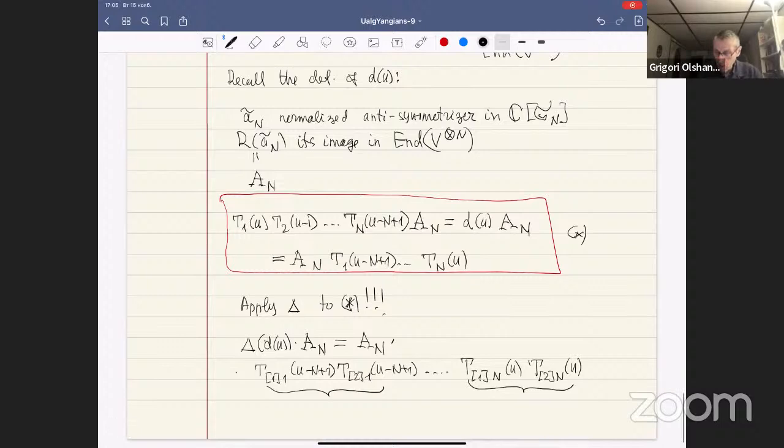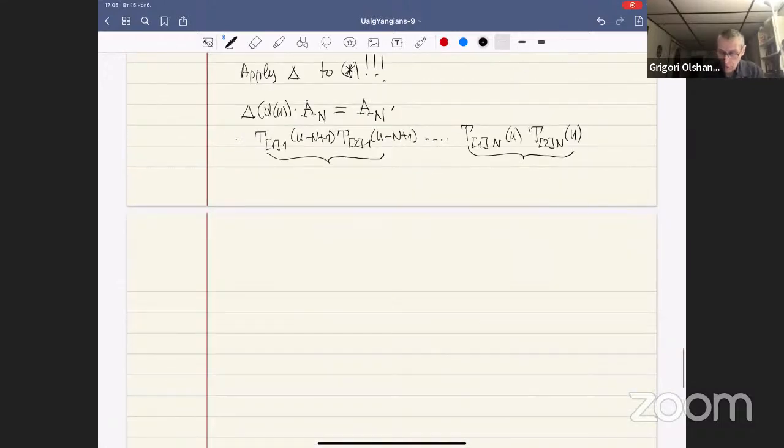But now the key observation is that two matrices commute for i distinct from j.